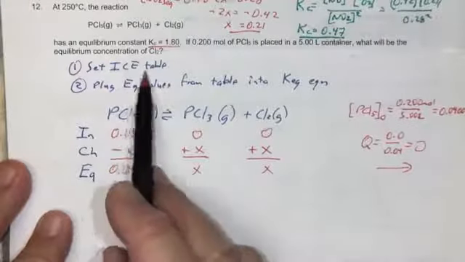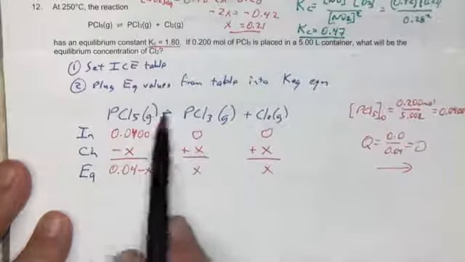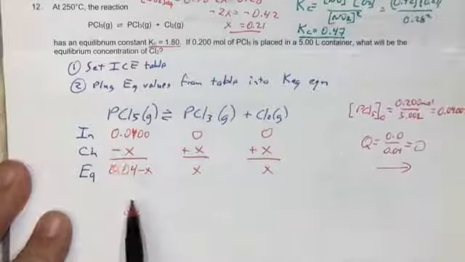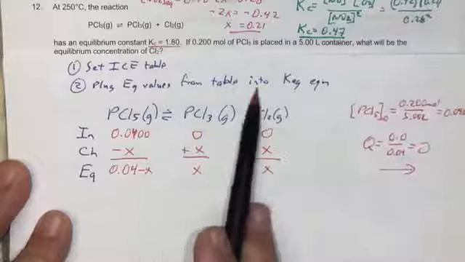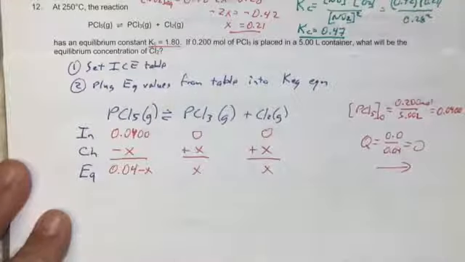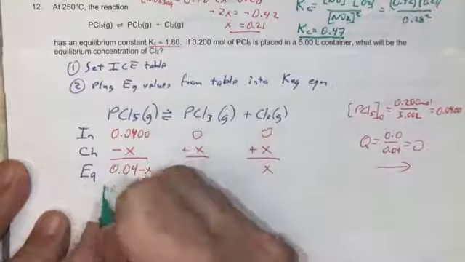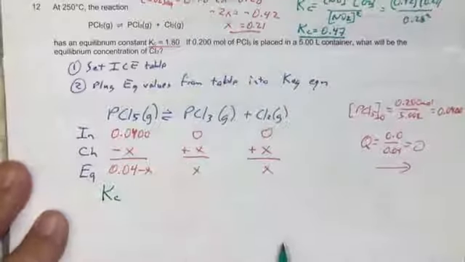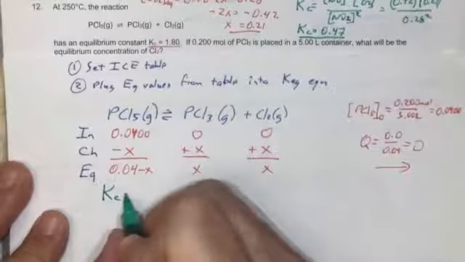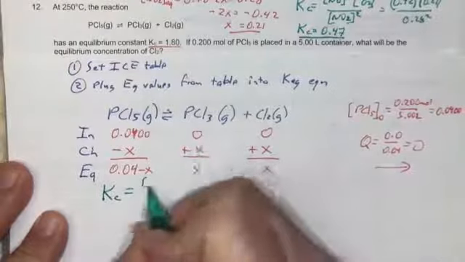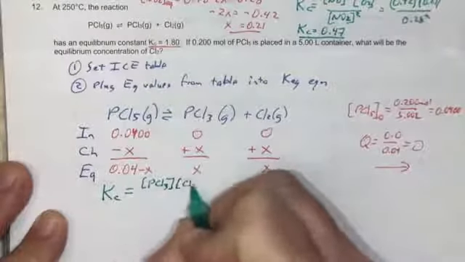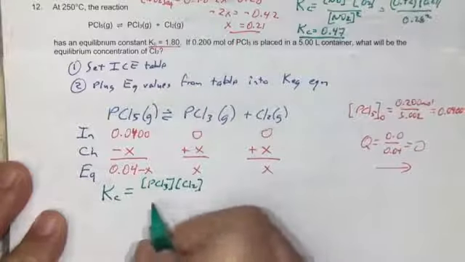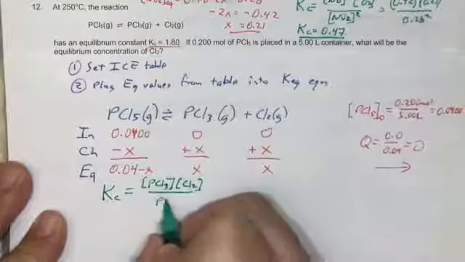So when all else fails, set up the ICE table. This is the ICE table. And then plug the equilibrium values, that's these numbers, into the KEQ equation. So let me write the KEQ equation. It's Kc. We were given the value of Kc. Kc is the concentration of PCl3 times the concentration of chlorine divided by the concentration of PCl5.